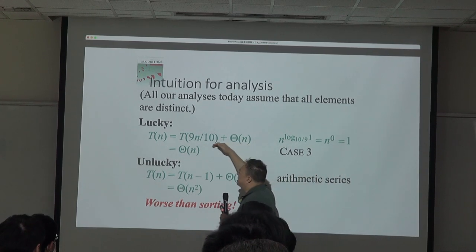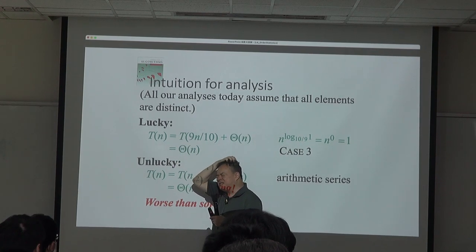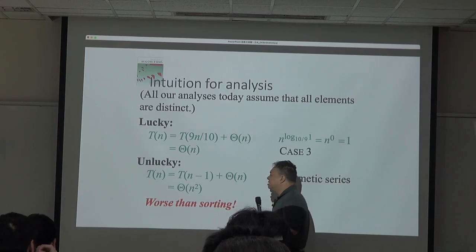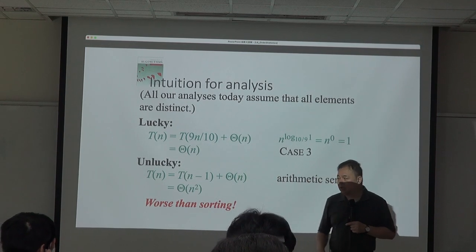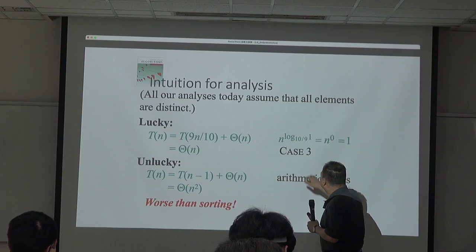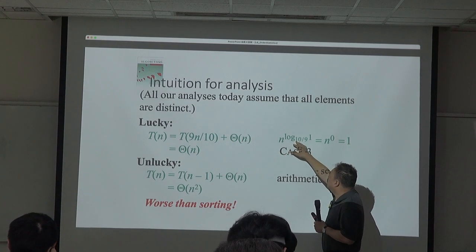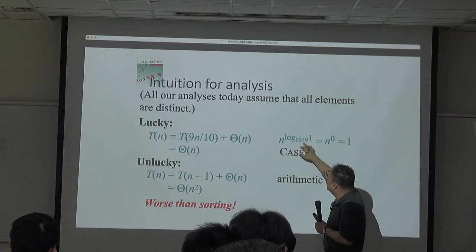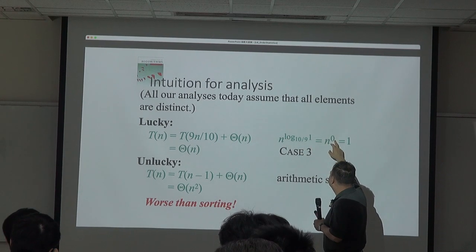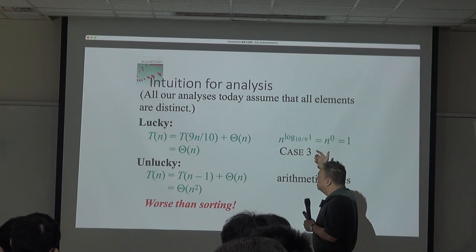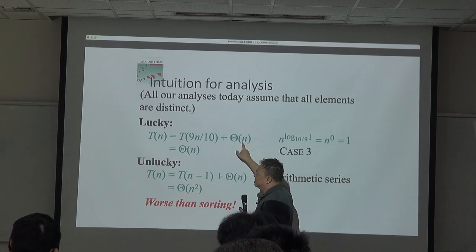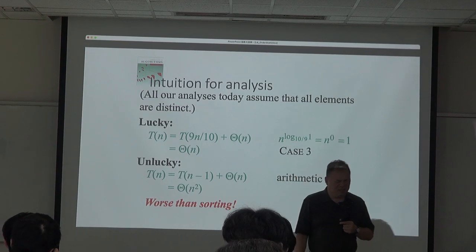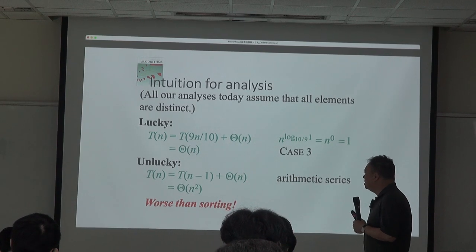If you use the master theorem, it's going to easily tell you that it's linear, because n to the power of log base 10/9 of 1 is n to the power of 0, so it's 1. So this order dominates. According to the master theorem, the order is linear.